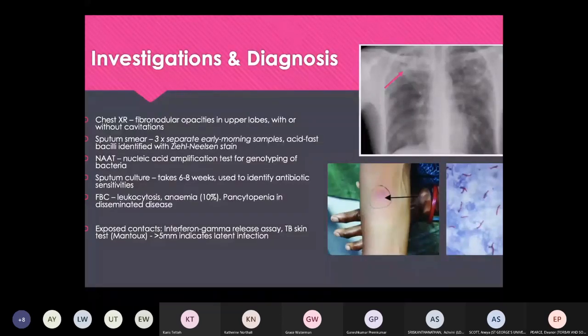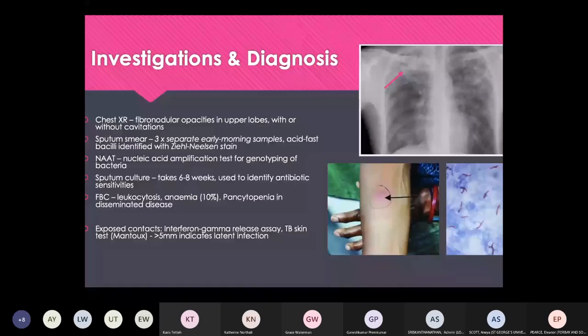And then just general other tests. You can do a full blood count, which can show a high number of white blood cells. It can show anemia. And if it's a systemic disseminated infection, you can get pancytopenia as well, and your patient will be really unwell at that point. For people who've been exposed to TB but haven't got any symptoms, you can do what's called the Mantoux test.